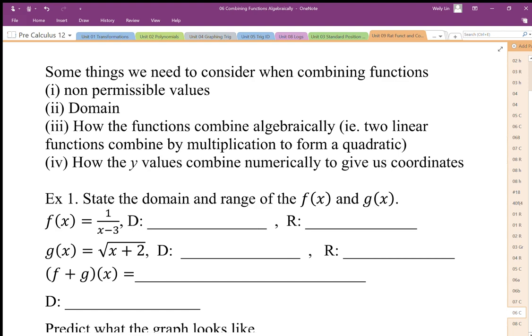For example, if we have two linear functions that are multiplied, that just gives a quadratic function, a familiar function. So when we combine them algebraically, we want to see if it generates a familiar function. And lastly, we can also combine the y values numerically, to give us some coordinates to see if we can establish some sort of patterning.